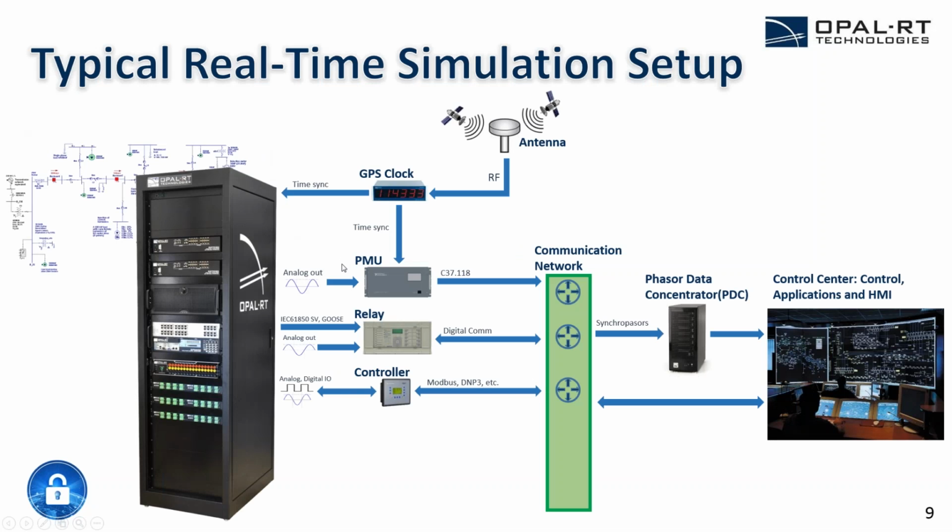So here, some of the hardware that we have in the diagram are phasor measurement units, a protection relay, and a controller. But it's not just about those systems. It's also about higher level systems, for example, higher level control and monitoring applications. So it's not just about hardware in the loop compatibility, it's about system in the loop compatibility.